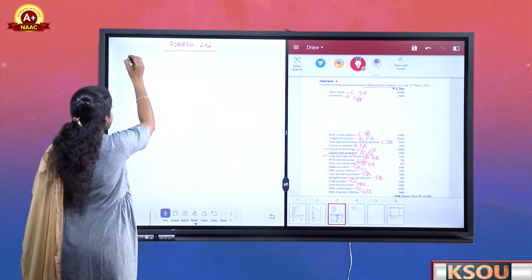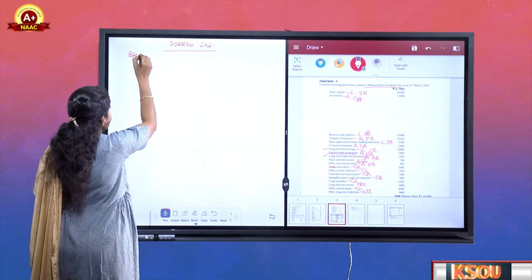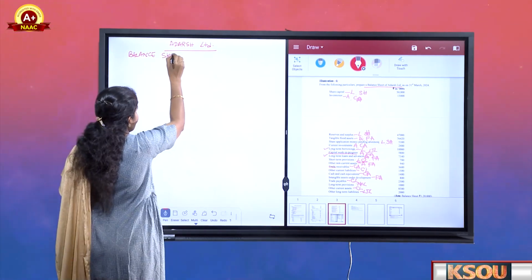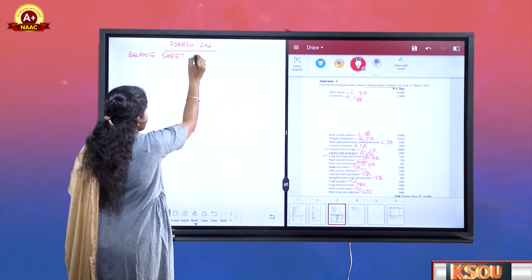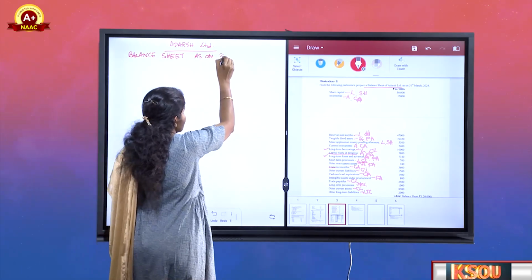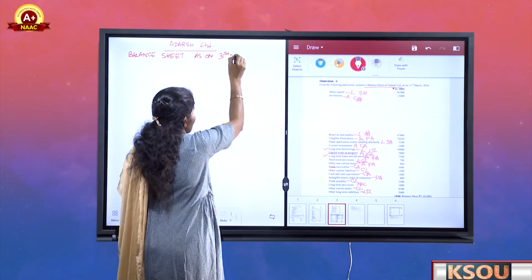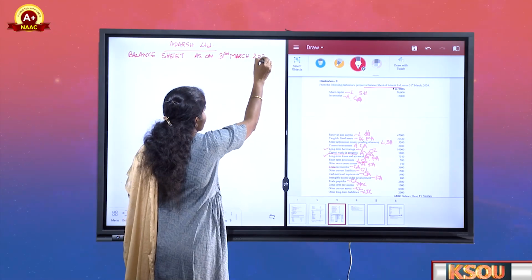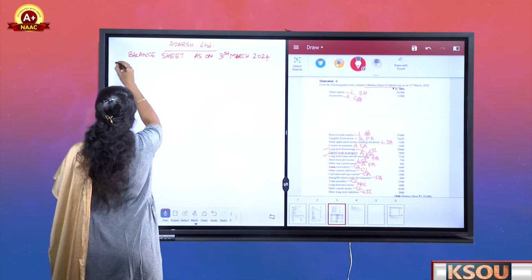Okay, balance sheet as on 31st March 2024.